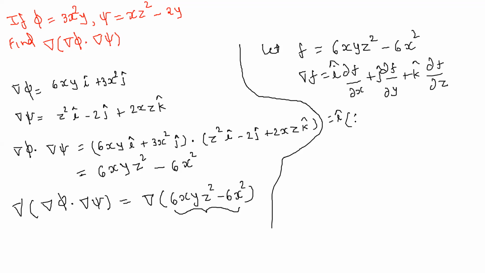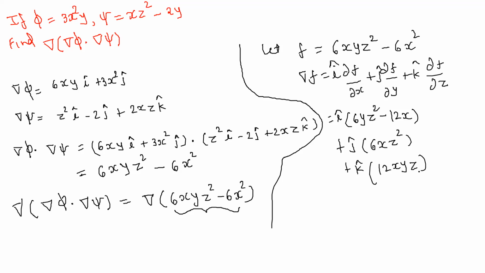You will get 6yz squared, and this is 6x squared, which becomes 12x. Plus j caret, with respect to y it will be 6xz squared, and the second term nothing, so it will be 0. Plus k cap, with respect to z it will be 6 2s are 12xyz only. So this is your final answer.